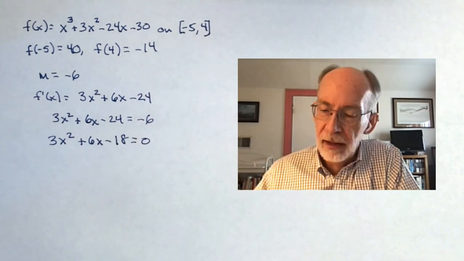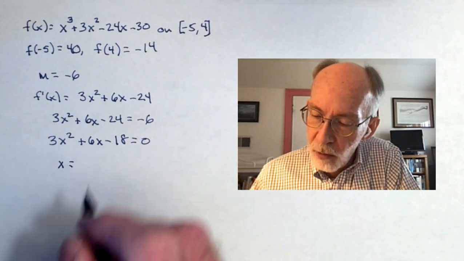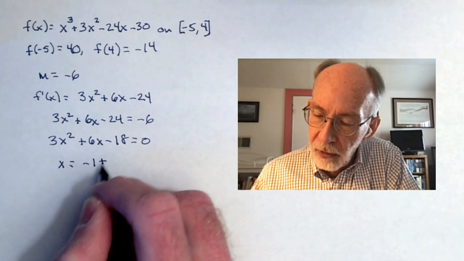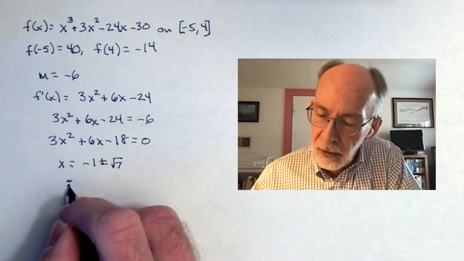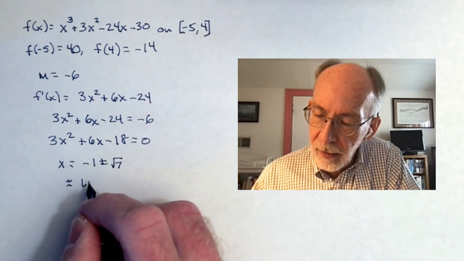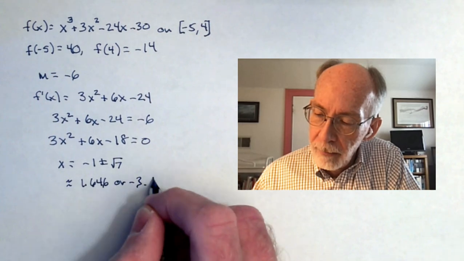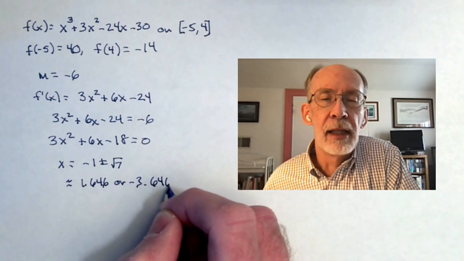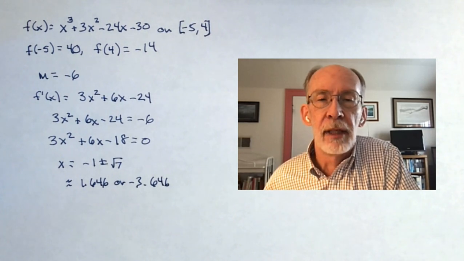If you pop this into the quadratic formula, you get that x is negative 1 plus or minus the square root of 7. These approximate out to about 1.646 or about negative 3.646. And these are in nice accord with the locations that we observed on the screen.